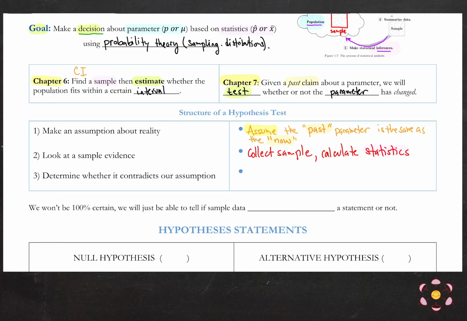Once we've got that and we've measured it, what's the next step? After that, we determine whether it contradicts our assumption.